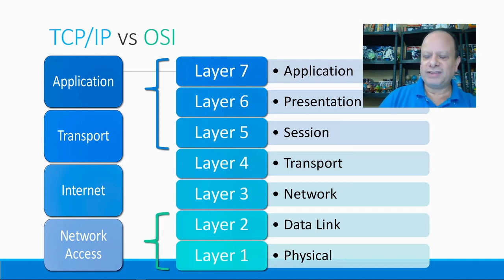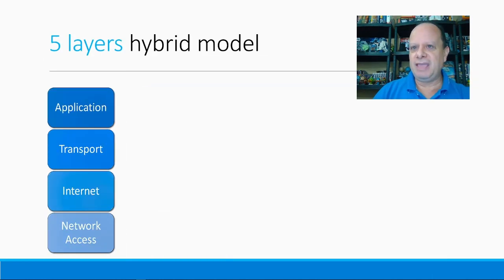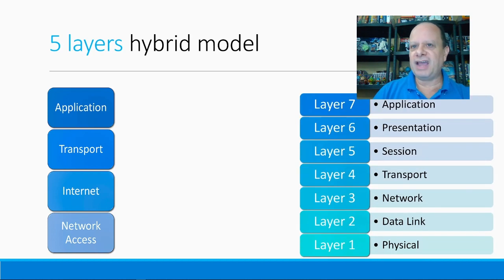Also, the OSI model separates the TCP/IP network access layer in 2 layers, data link and physical. The original TCP/IP stack divides the networking functions into 4 layers, while the OSI model has 7 layers.